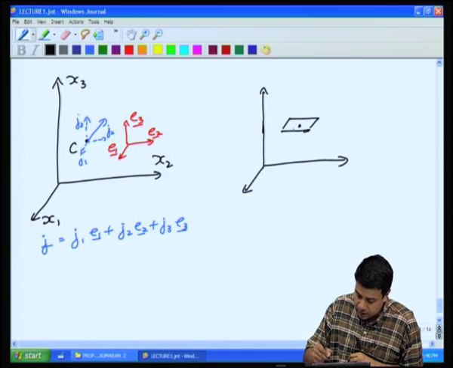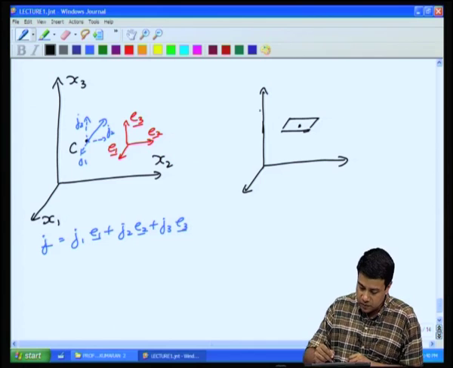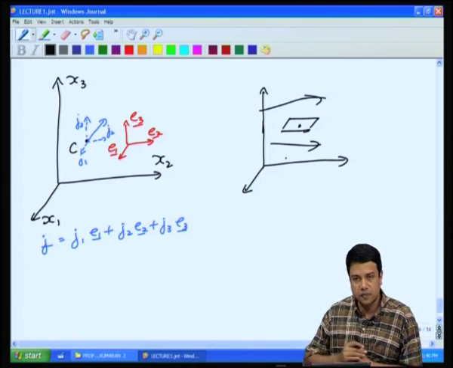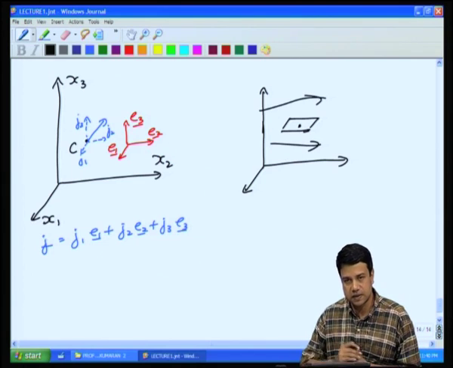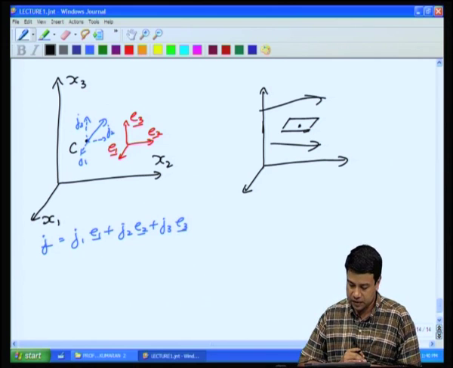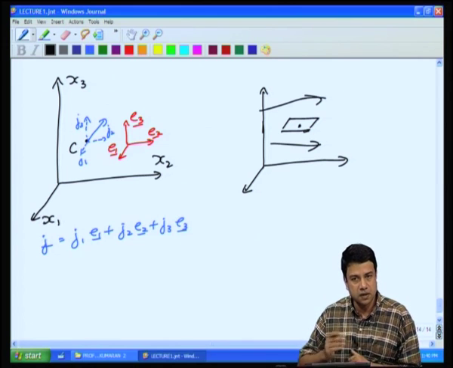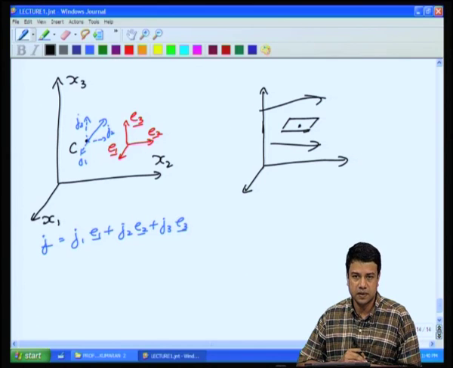Because of the fluid flow past the surface, there is going to be a force exerted on this imaginary surface within the fluid. This force is due to the transport of momentum. Now, the force exerted is a vector itself. Force exerted is a vector, it has 3 components.